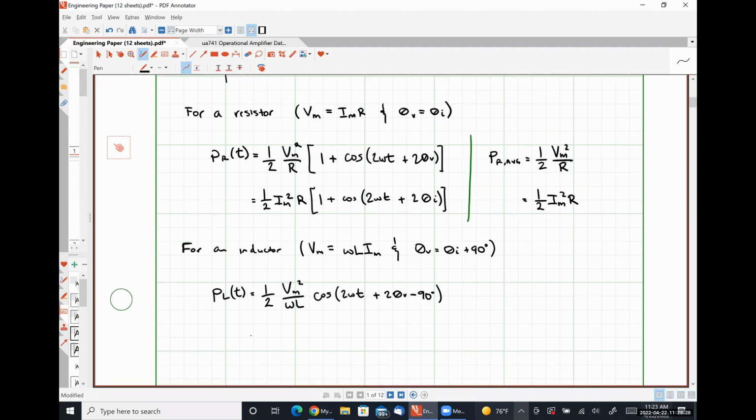Similarly, we could say that the instantaneous power absorbed by an inductor is 1/2 Im squared omega L times the cosine of twice omega t plus twice theta I plus 90 degrees.